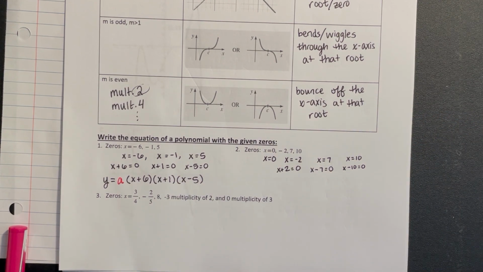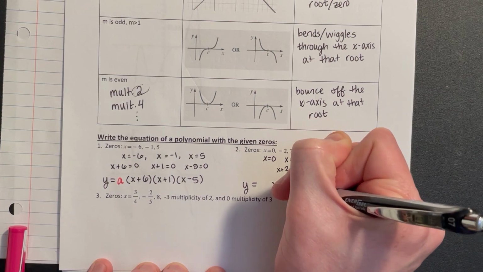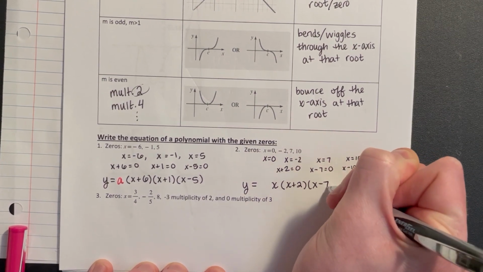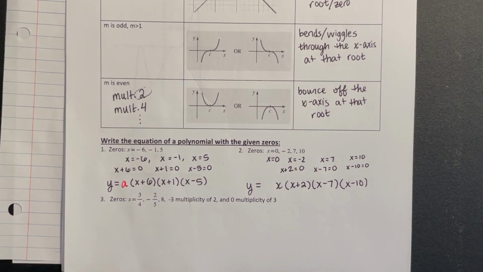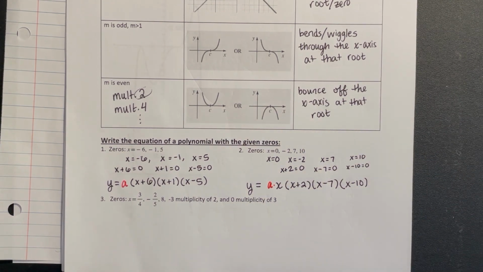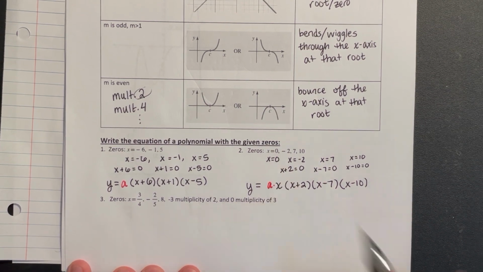We see these factors start to come up, or well, they're going to create the factors. So one of them is x, one of them is x plus 2. We have an x minus 7 and an x minus 10. Again, there could be some type of multiplier, so I'm still going to write an a here. Maybe it's 2x squared, or 2x times x plus 2, and so on. But each of these are factors that are coming from a specific root, or 0.